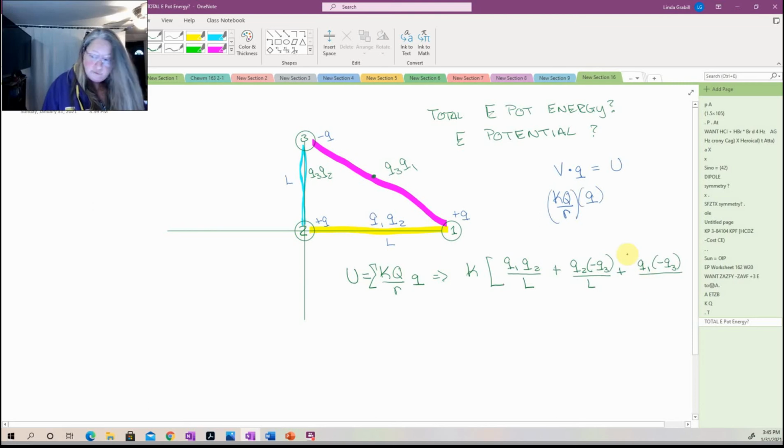Now we're not squaring the r, so the one thing you want to be careful of here is that I'm going to have the square root of 2L squared. I can pull the L out, and I'll have L times the square root of 2.